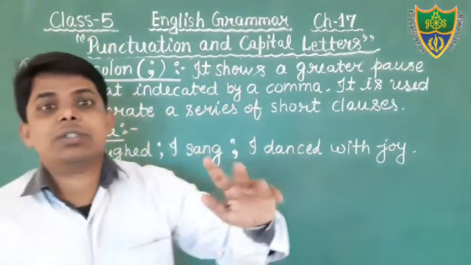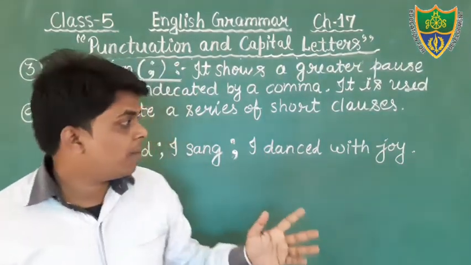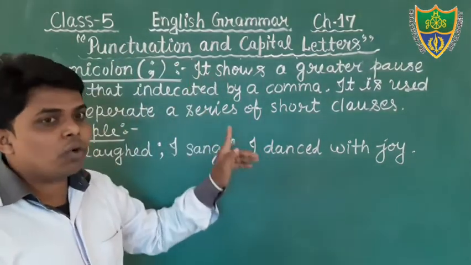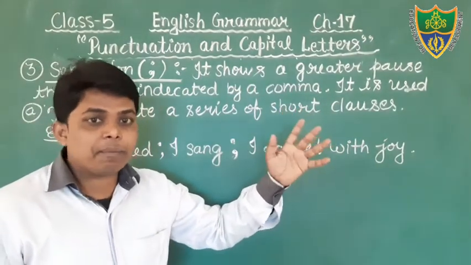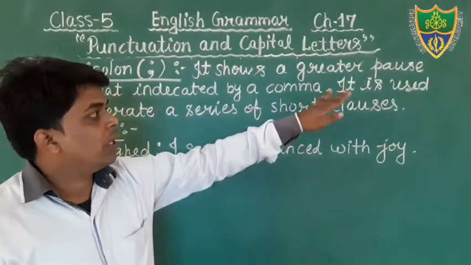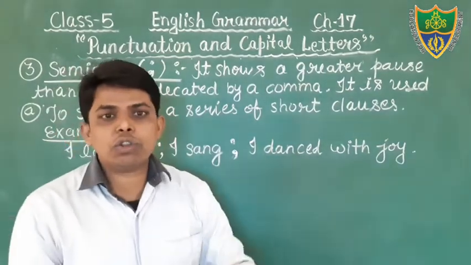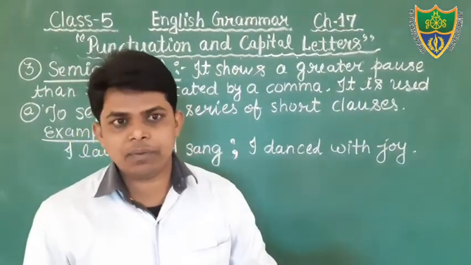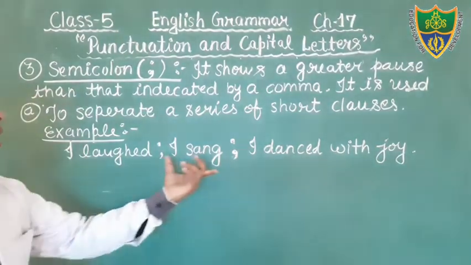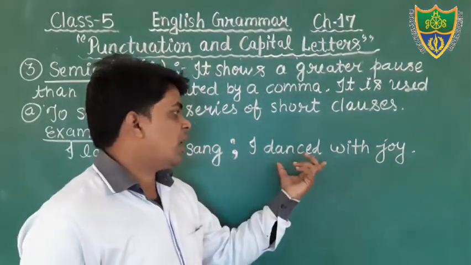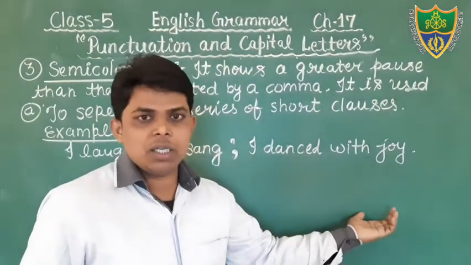Comma denotes the shortest pause, but semicolon denotes a greater pause than comma. Comma से क्या होता है, थोड़ा ज्यादा इसमें रुकते हैं. I laughed, I sang, I danced with joy.